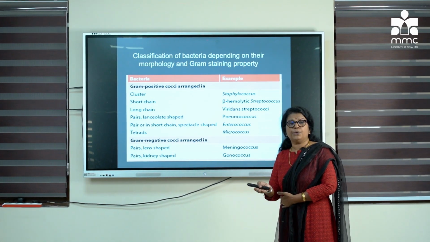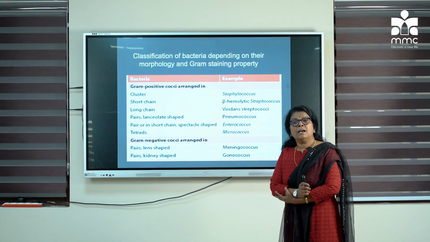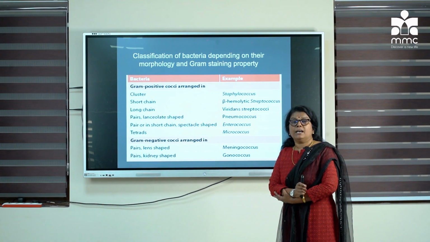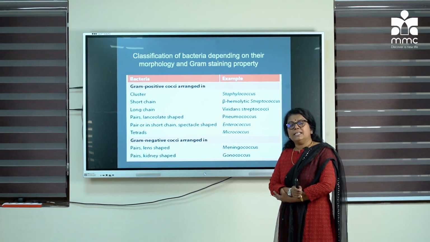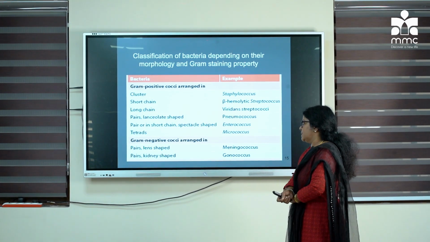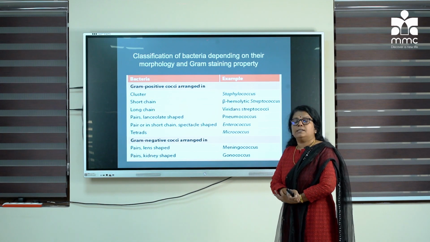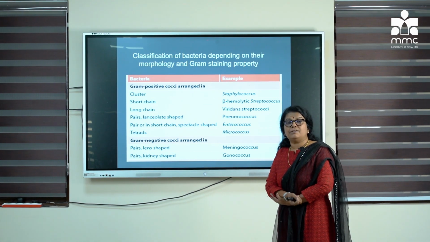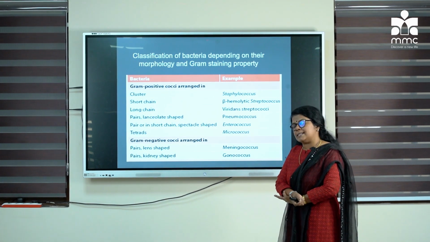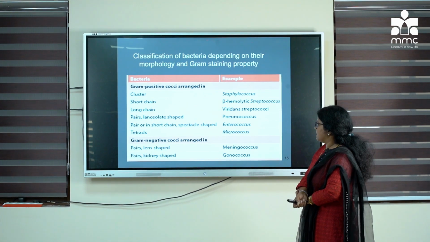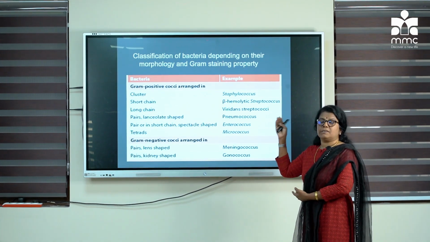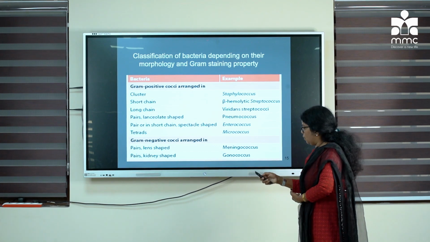Whereas in gonococcus, the adjacent sides are concave, giving a kidney shape or reniform appearance. That is how you differentiate meningococcus from gonococcus. These are two important pathogens causing meningitis and gonorrhea, which is a sexually transmitted disease in humans. So these are gram positive cocci and gram negative cocci.